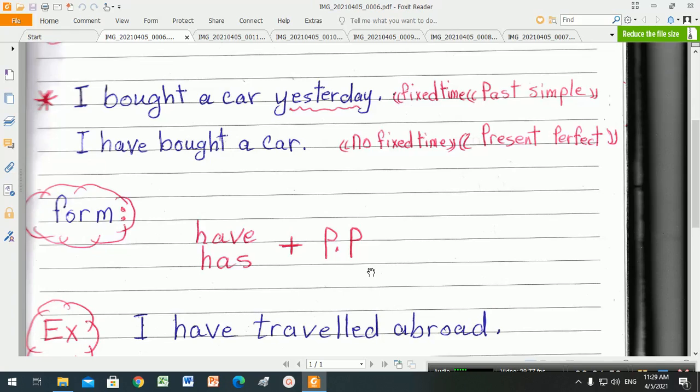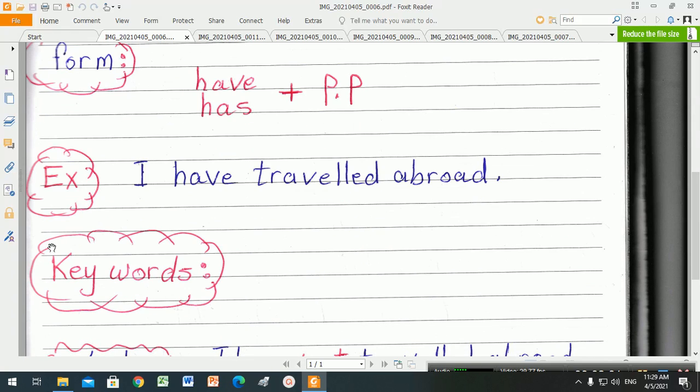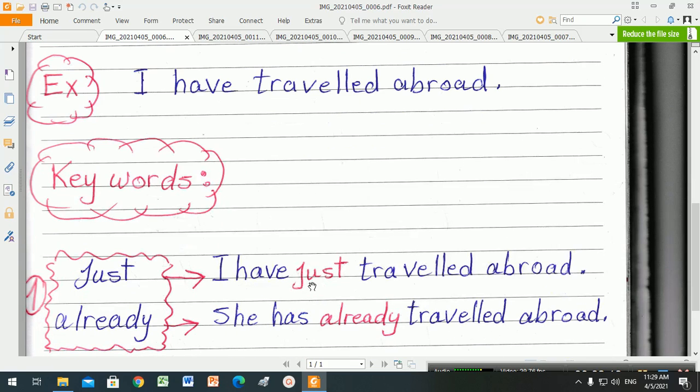Okay? For example, I have traveled abroad. Here we just use have plus the verb in the past participle, pp. Okay? And we are going to talk about the key words of the present perfect tense.